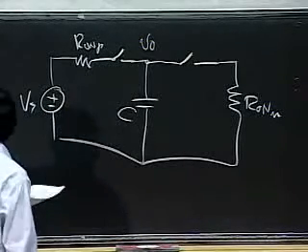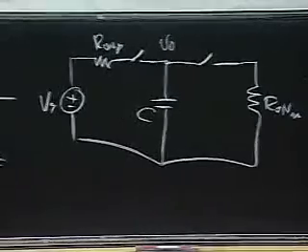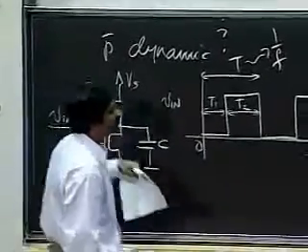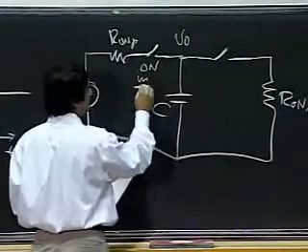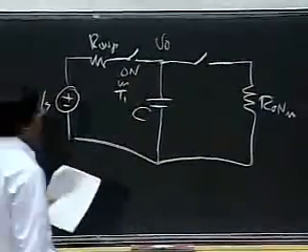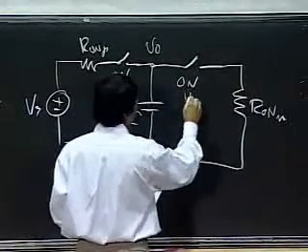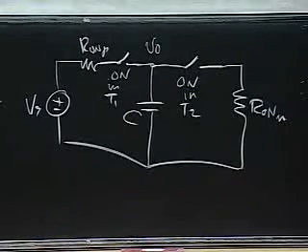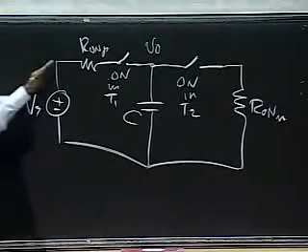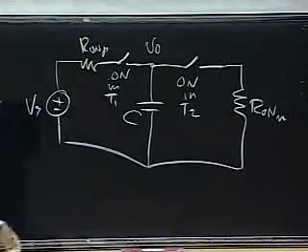In this circuit, during T1, this guy is off, and this guy is on. On during T1, and off otherwise. This guy is on during T2 and off otherwise. Just imagine, this guy switches on, this guy switches off, this guy switches on, this guy switches off.